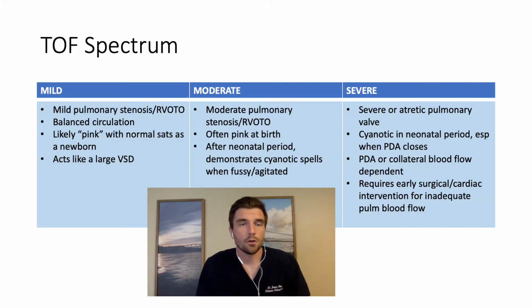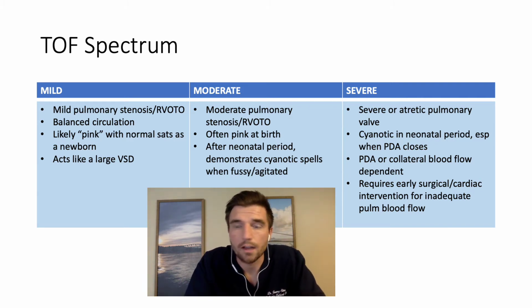Tetralogy of Fallot is a spectrum, as we talked about in the last slide. The deviation of the conal septum into the RV is going to dictate the severity of tetralogy. That can be mild, moderate, severe. The mild form of tetralogy will act much like a child with a VSD, because the RV outflow tract obstruction is present but not severe.